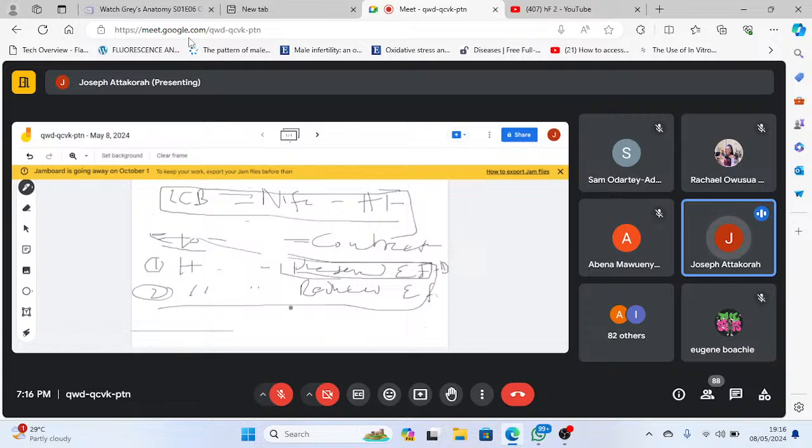So if a patient comes with heart failure of reduced ejection fraction, will you give nifedipine, yes or no? And why?